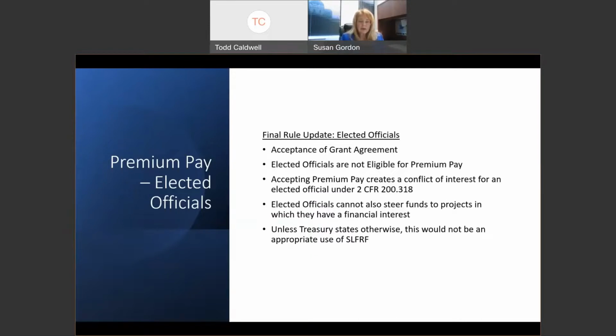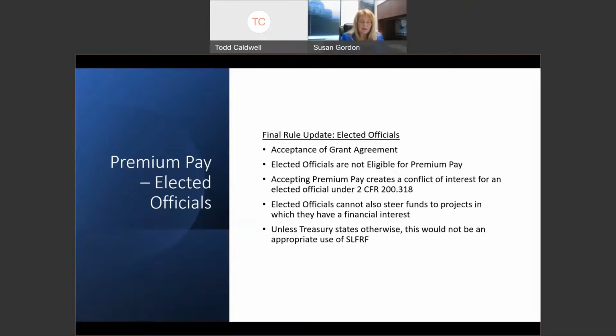When the grant was accepted, there was a clause in the award terms that talked about compliance with 2 CFR 200.318, which is a conflict of interest policy that's been clarified by the final rule.